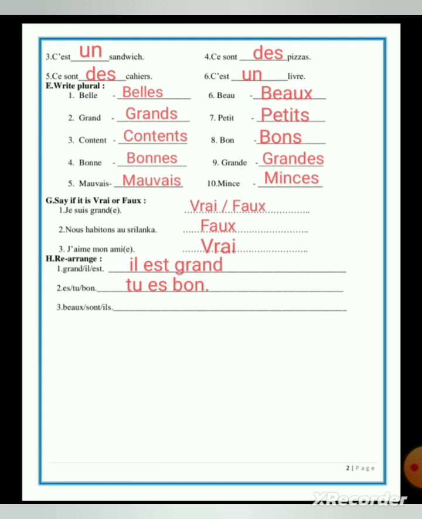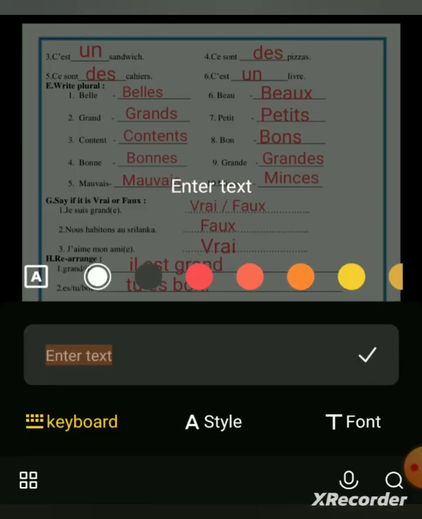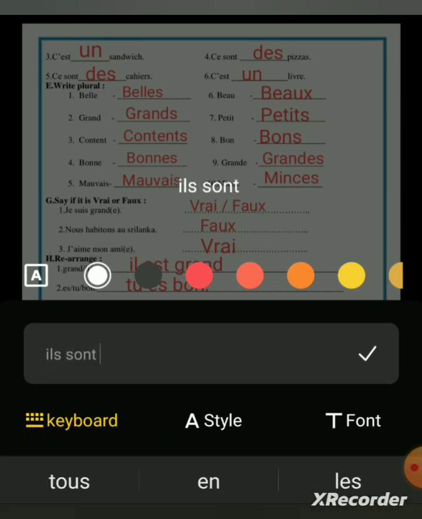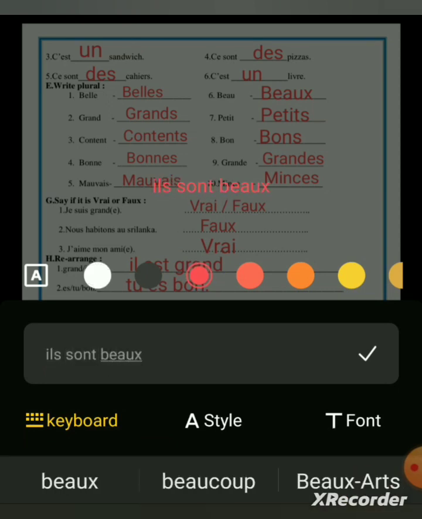Very easy. Yes, ils. I-L-S. I told you we don't pronounce S at the end in the French language, right? That is always silent. So it is ils, then the verb is sont, then beaux. Beaux means handsome. Ils sont beaux. They are handsome.